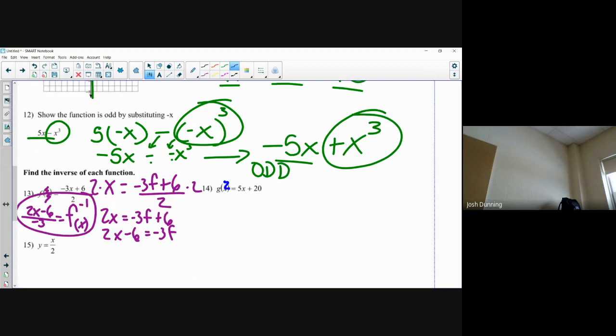14, forget about the of x part, swap g and x. Minus that 20. Divide by 5.